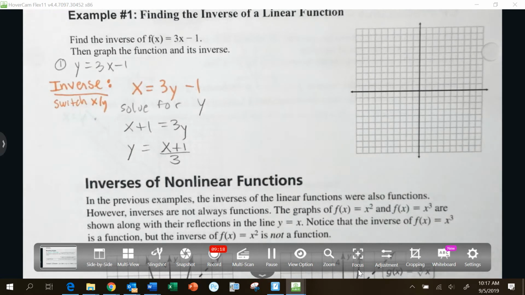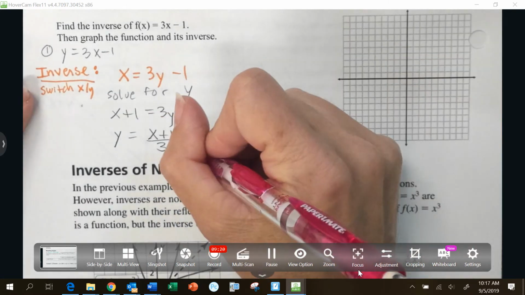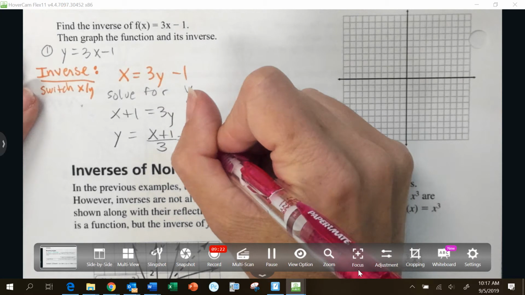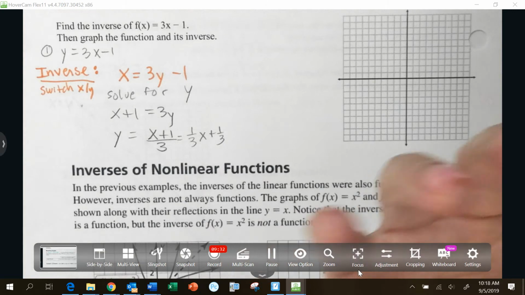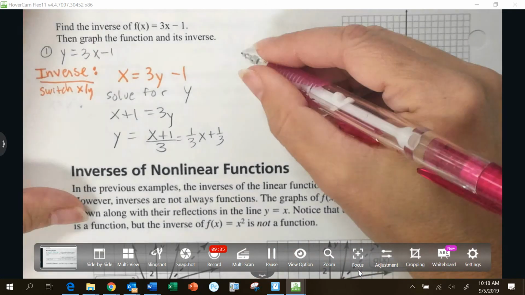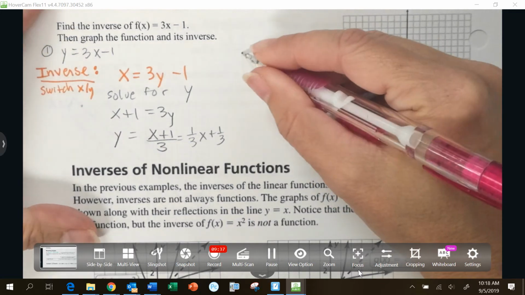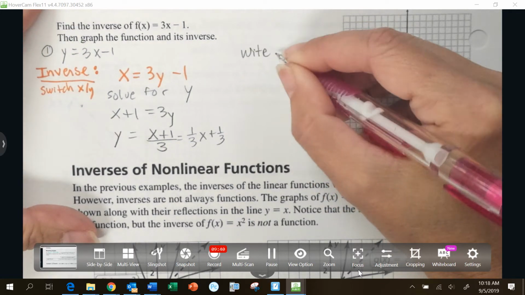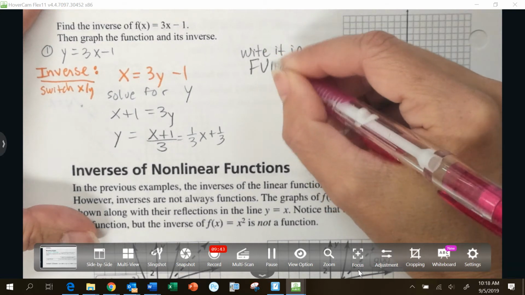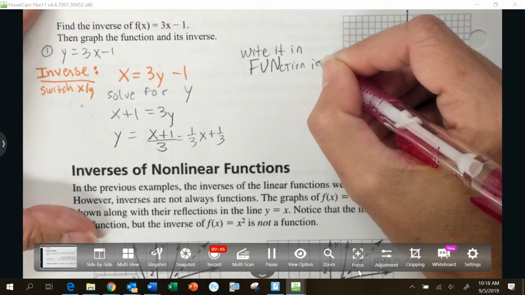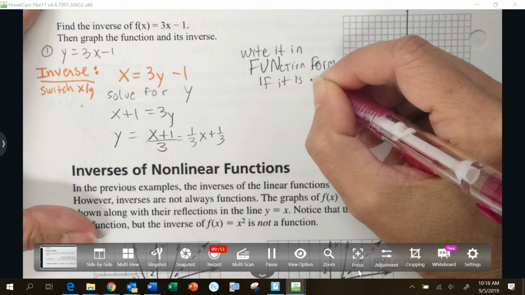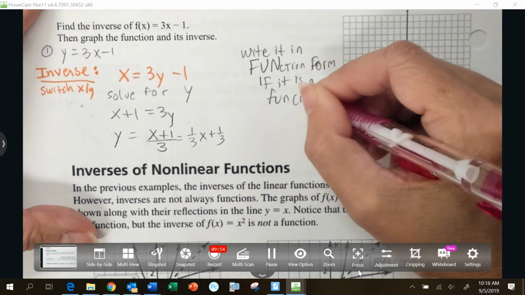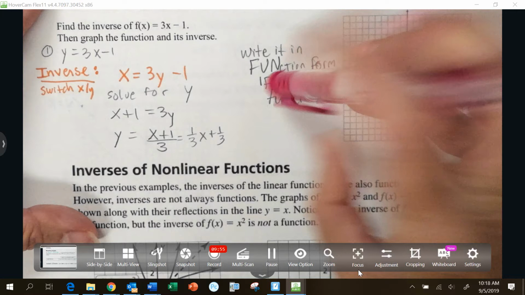If you're going to go graph that, maybe you would possibly want it like 1/3 x plus 1/3. Maybe. There is one more step, though. We're going to write it back in function form, if it is a function.